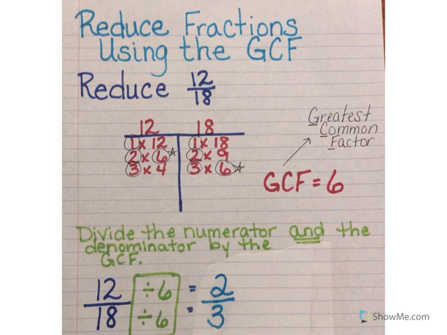Let's reduce 12/18. The first thing we need to do is make a factor t for 12 and one for 18. And we go through and we list all of the factors. 1 times 12 is 12, 2 times 6 is 12, and 3 times 4 is 12.